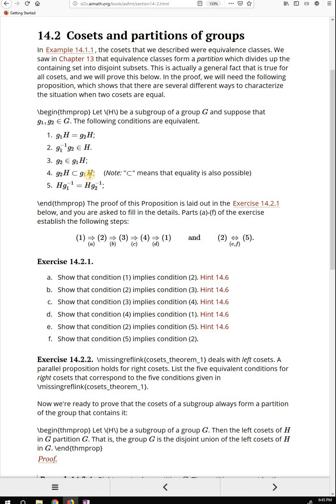And every element in the group will be in at least one coset, because I can take that group element and multiply by my subset. So we're going to take these properties and use that to show that the cosets form a partition. You saw the example of that with modular arithmetic numbers. We saw that also with the triangle, and that's true in general. So that's the idea. That's your raisin bread.